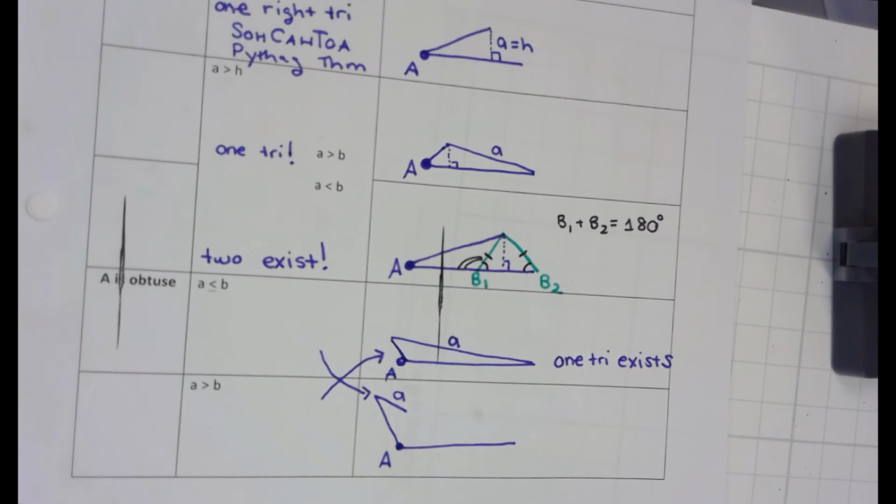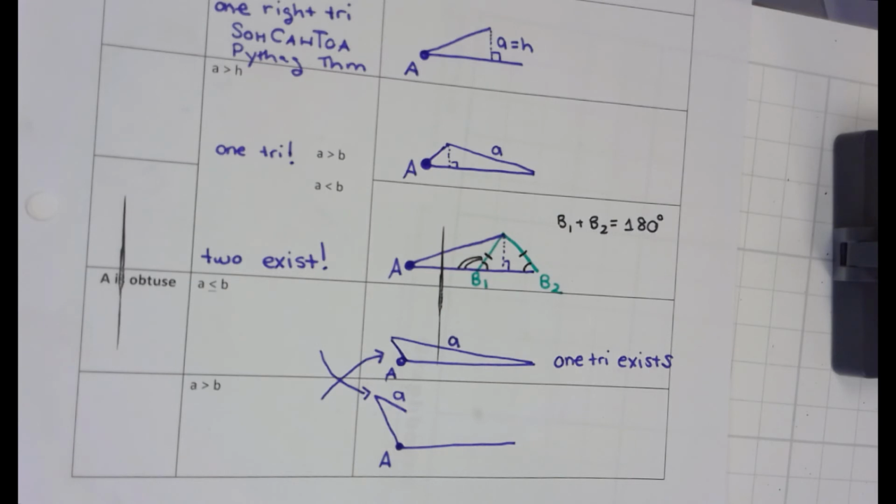Let me say that again so you can write it down. If A is obtuse, then A's side must be the largest proportionally for a triangle to exist. If A is obtuse, then the side A must be the largest for the triangle to exist.